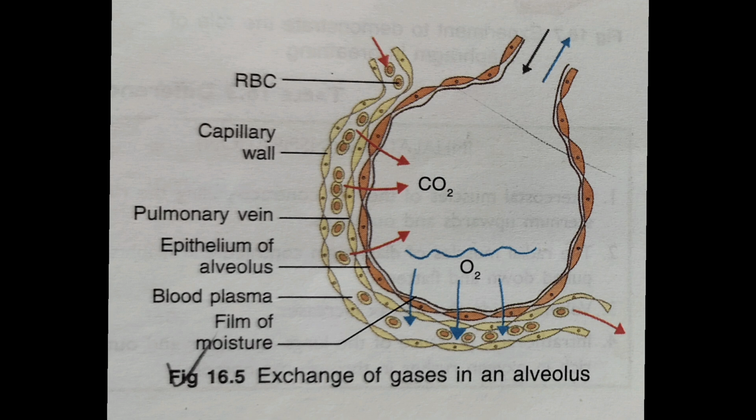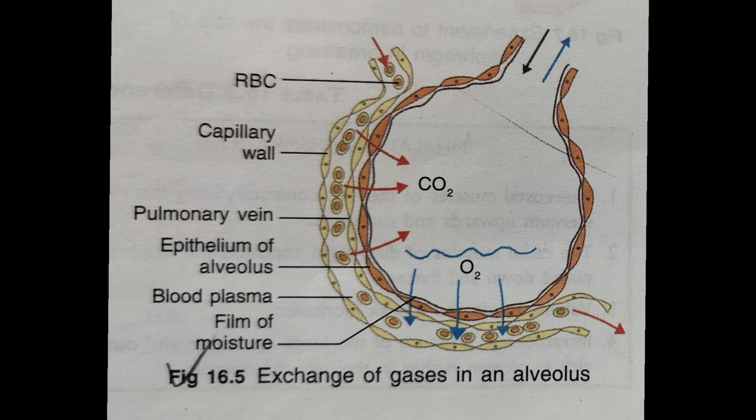Now, the pulmonary arteries, which lie next to the layer of alveoli, bring deoxygenated blood from the right auricle to the lungs. These divide and redivide to form a capillary network around each alveolus of the lung. That's how it increases the surface area.